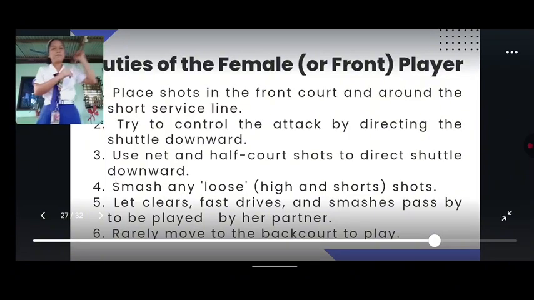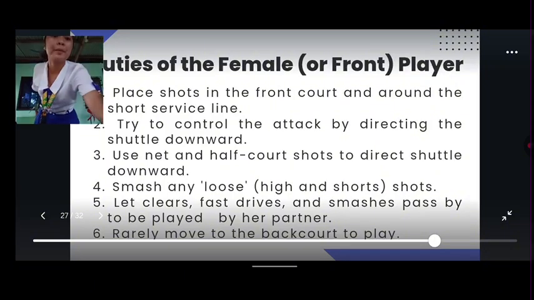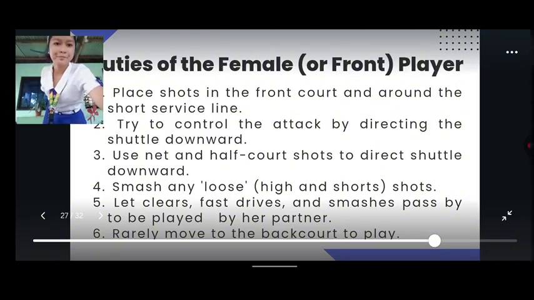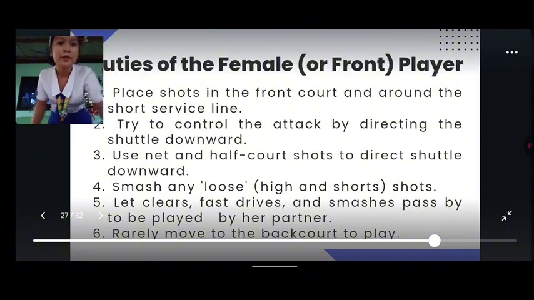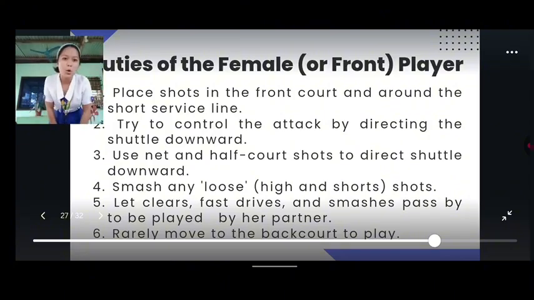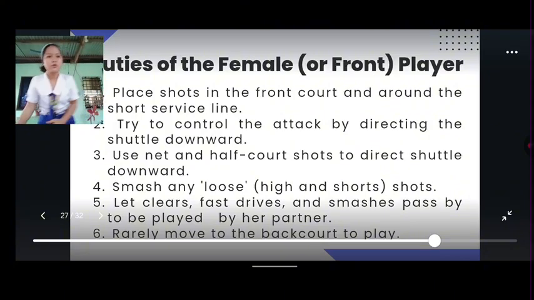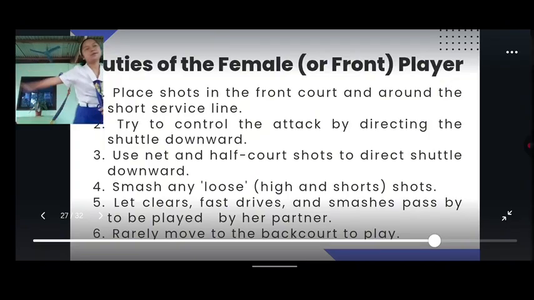It clears fast drives and smashes passed by to be played by her partner. If you feel you can't reach it, you can go cross court, and if the shuttle goes behind you, let your male partner attack that shot.